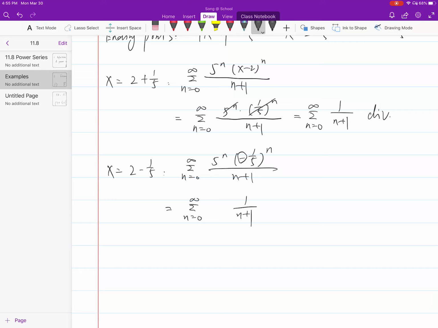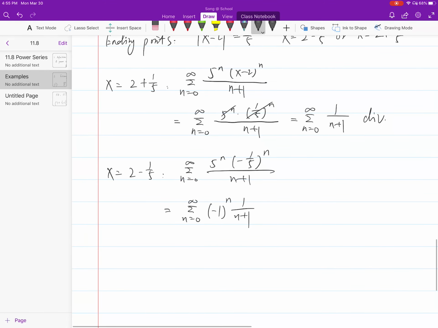But because of this negative sign, you still have one more thing left. That will make this whole thing alternating. If it's alternating, we check, is this one decreasing? The answer is yes. Does the limit equal 0? The answer is yes. So this one is convergent, using the alternating series test.